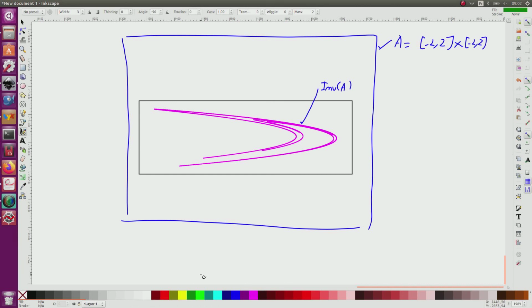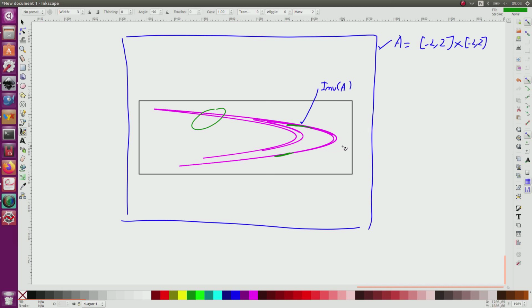Now there probably exist many other invariant sets in A. For instance, this one may be invariant. This one may also be invariant. The union of them will be invariant. But this set cannot be invariant, because all invariant sets of A are inside this one, due to the fact that the union of invariant sets is an invariant set.